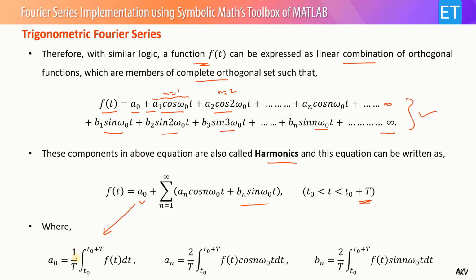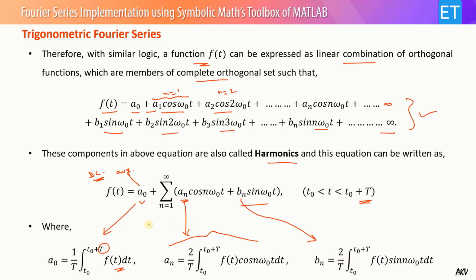So a0 is 1 upon T times the integration from t0 to t0 plus T, I mean integration for one time period, of f(t) dt. So that means you are integrating your function divided by the time period. So obviously your a naught is the average value of your function f(t). So that is representing the dc content of f(t) if it is present, and this coefficient an can be obtained by this equation, and this bn can be obtained by this equation.